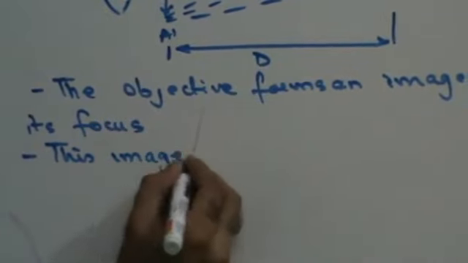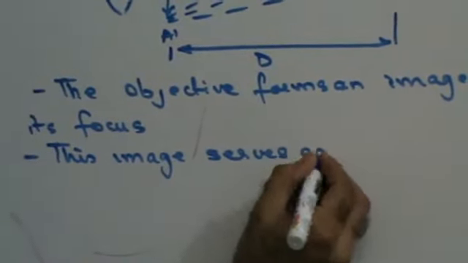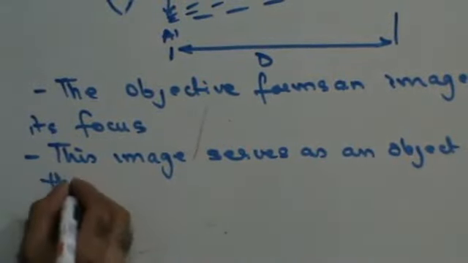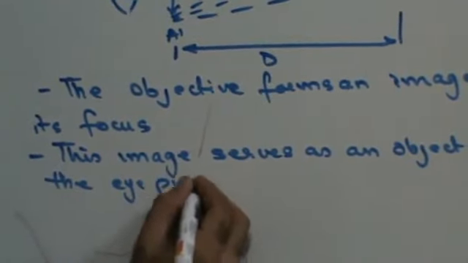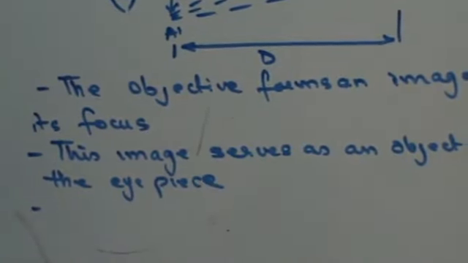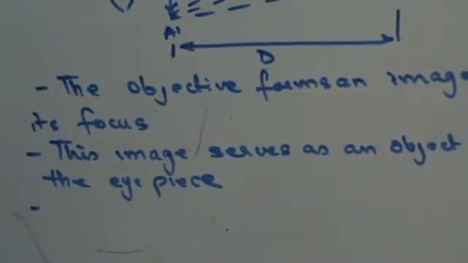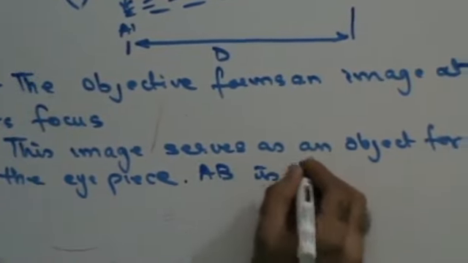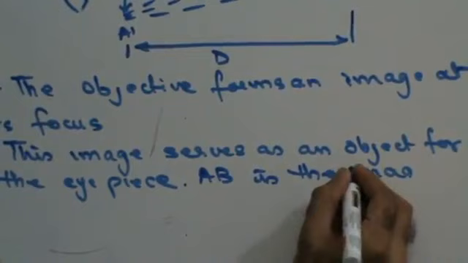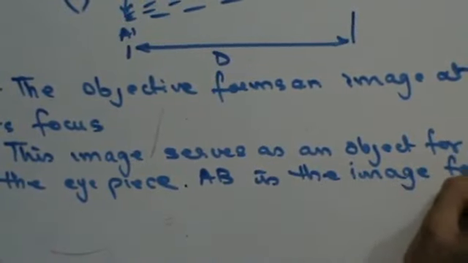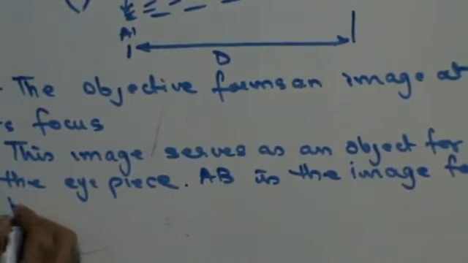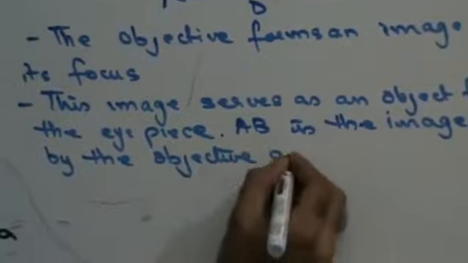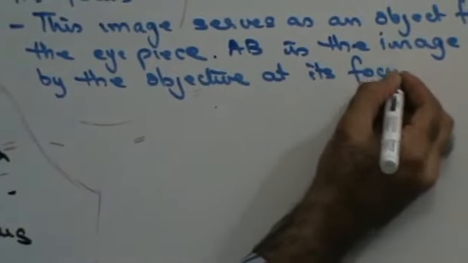This image serves as an object for the eyepiece, right? Now, AB is the image formed by the objective at its focus.